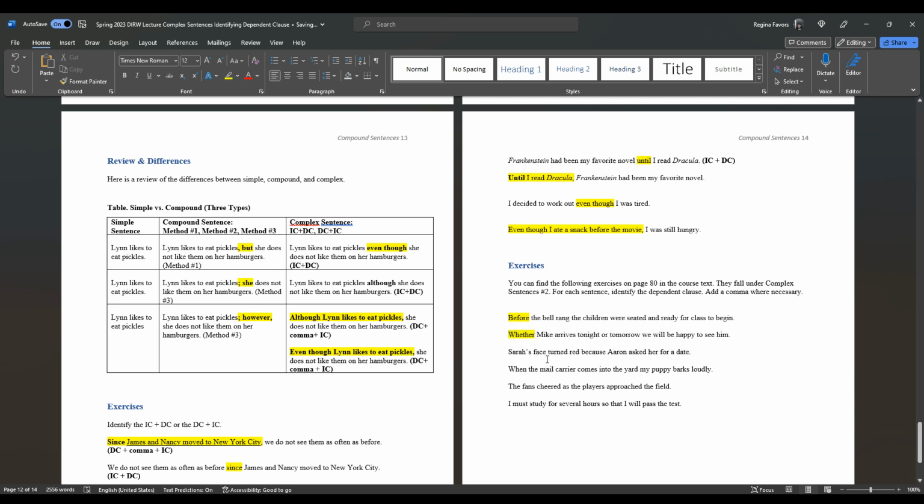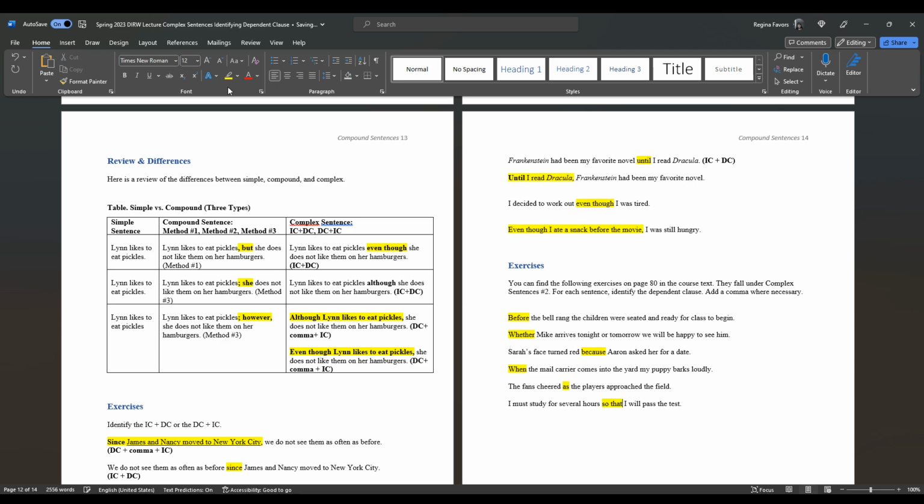"Sarah's face turned red because" — "because" is a dependent word. "When the mail carrier comes into the yard" — "when" is a dependent word. "The fans cheer as" — "as" is a dependent word. "I must study for several hours so that" — "so that" is a dependent word.